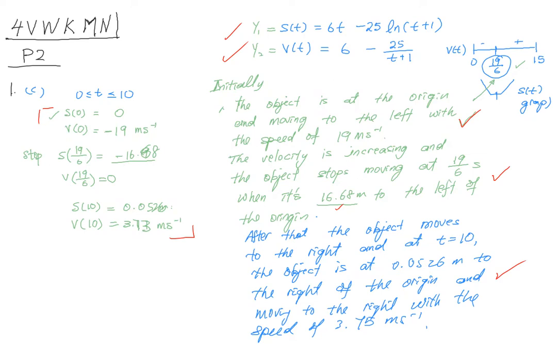Yes. But from negative 19 to 0, isn't that the speed decreasing? No, I'm not talking about the speed. I'm talking about the velocity, young man. Oh, I see. You have to be very careful with the word. Oh, okay. Thank you.